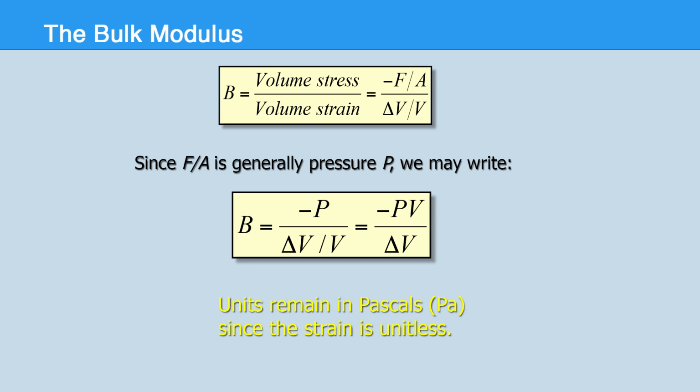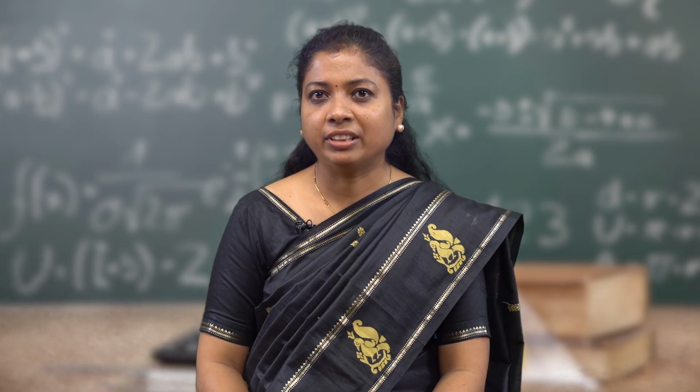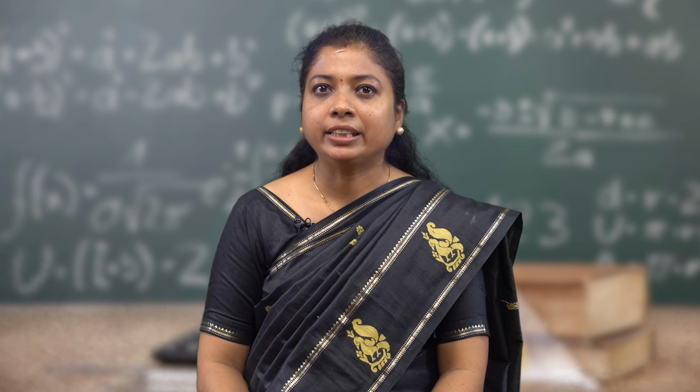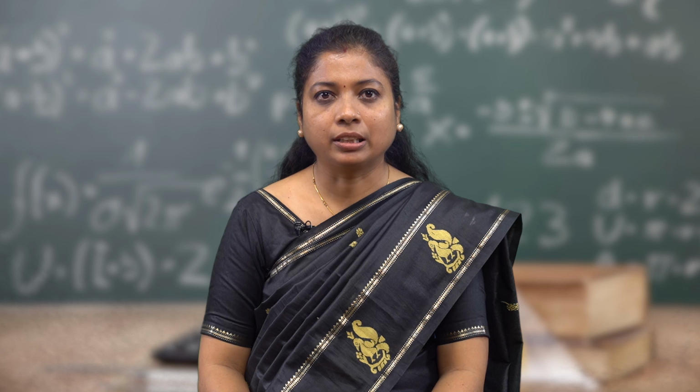The unit of the bulk modulus is the Pascal, which is also equivalent to the Newton per meter square. The bulk modulus value is often given in gigapascal, where 1 gigapascal is equal to 10 raised to the power 9 Pascal.